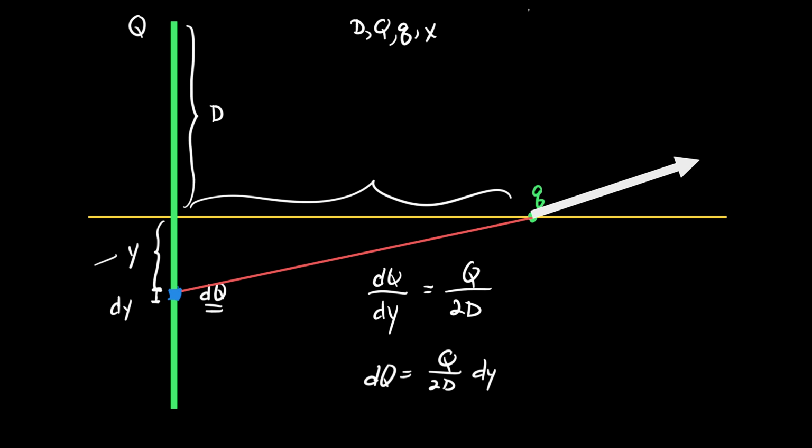I can write an expression for what this force must be. However, this is just one piece of a lot of forces that are acting on the object, right? There's another piece of the bar over here that's doing the exact same thing, right? It's causing a force on that point charge.